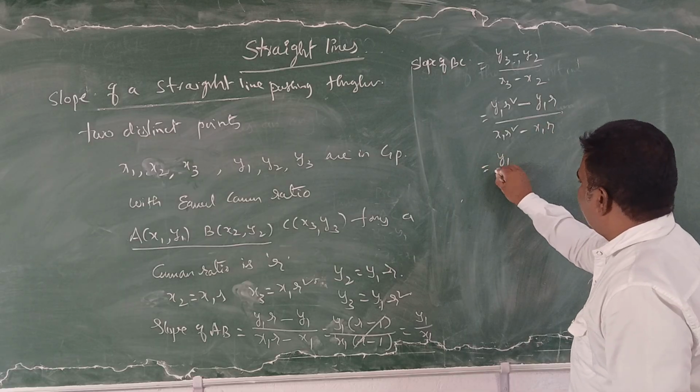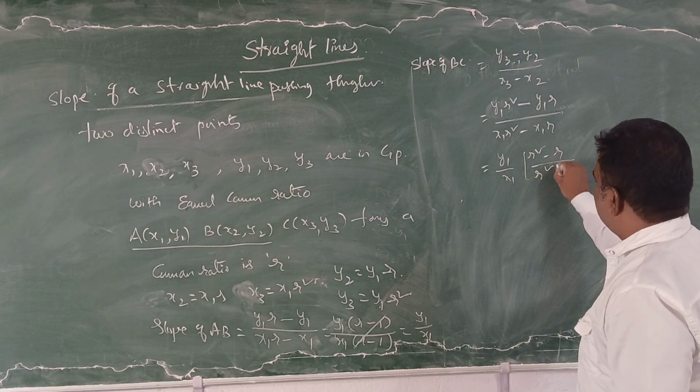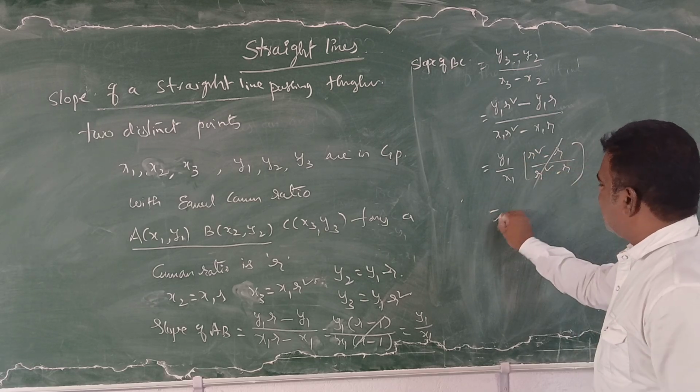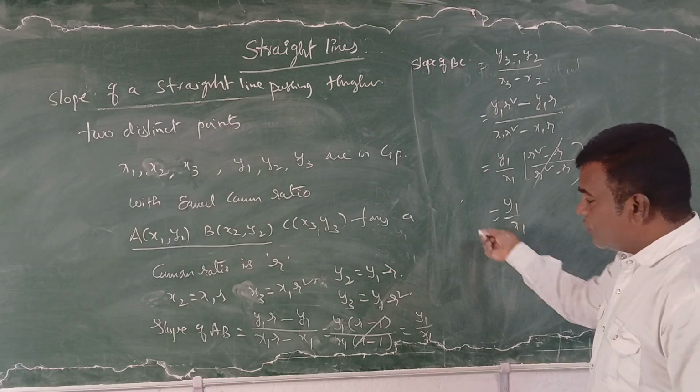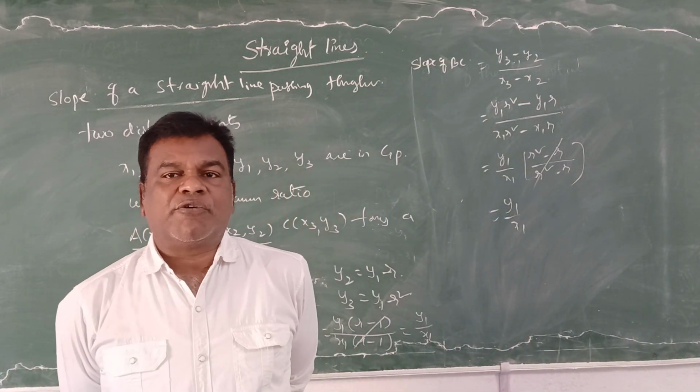So take y1 by x1 as common, you will get r square minus r by r square minus r, both get cancelled, y1 by x1. So slope of AB is equal to slope of BC.